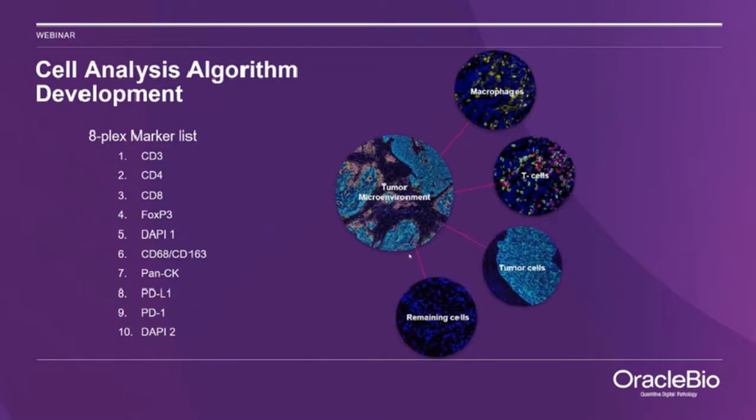The first phase is to identify all the different cell types that are present in the tumor microenvironment and to accurately segment those cells based on their shape and size. The second phase is, once those cell objects are generated, to choose appropriate thresholds that can be applied to those cell objects to allow us to detect the individual cells and the markers and the phenotypes present within the cell objects.